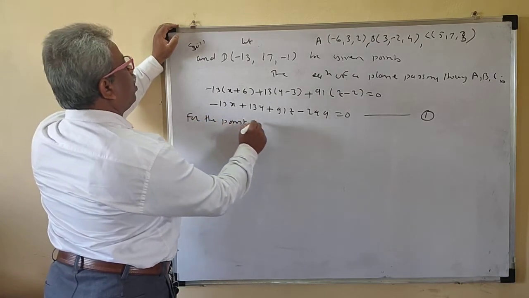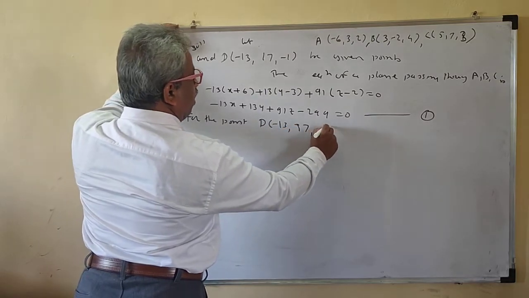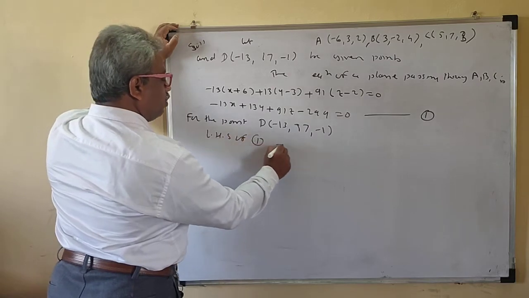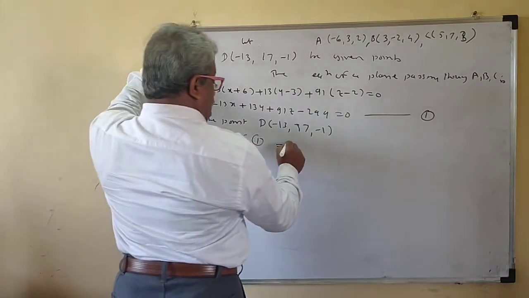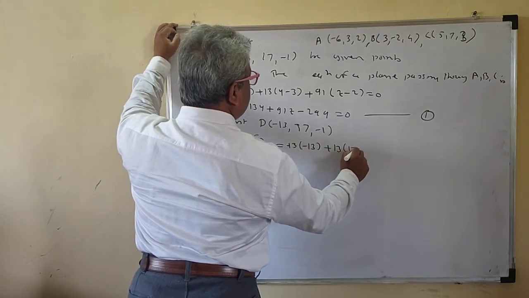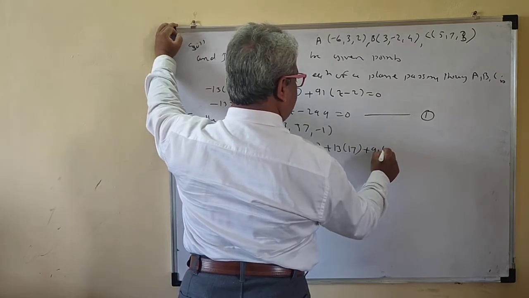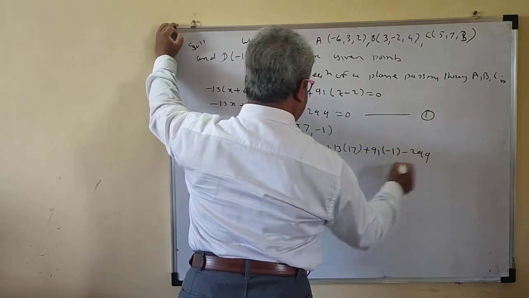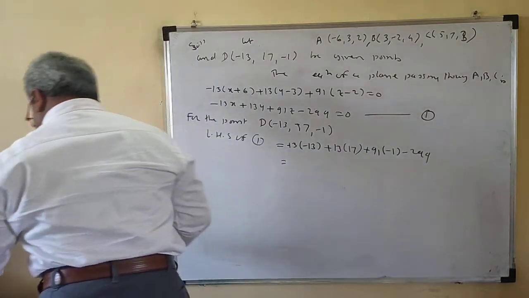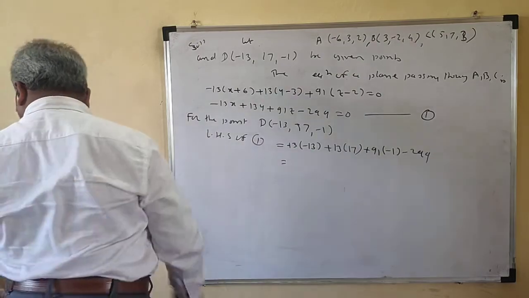For the point D, minus 13, 17, minus 1, the LHS of equation 1 is minus 13 times minus 13, plus 13 times 17, plus 91 times minus 1, minus 2990.